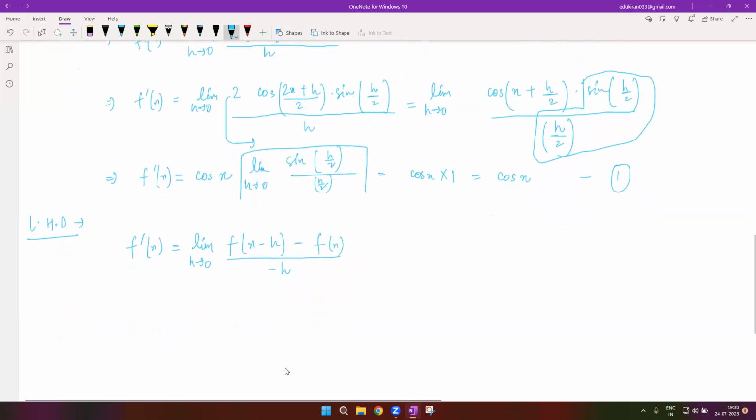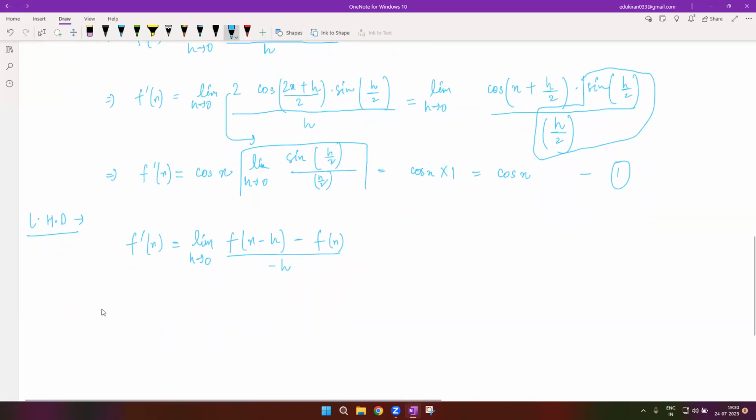We will use our given function in place of f of x. We know our function is sine x, so f of x minus h will become sine of x minus h, minus sine x, divided by minus h.